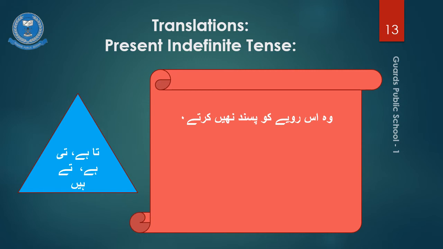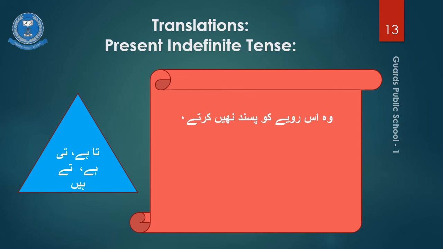These last Urdu words not only tell you about the tense, but also tell about singular or plural subject as well. So, वो इस रवैये को पसंद नहीं करते. Karte is telling us that our subject is plural. So we will use they for plural subject.